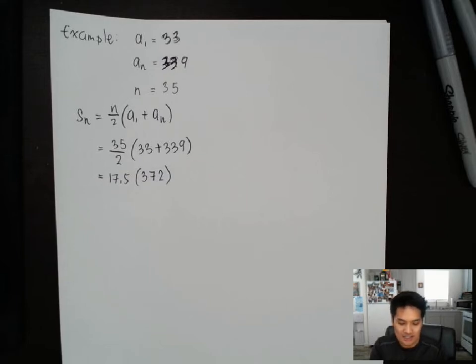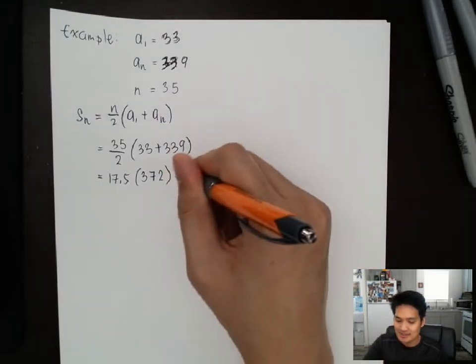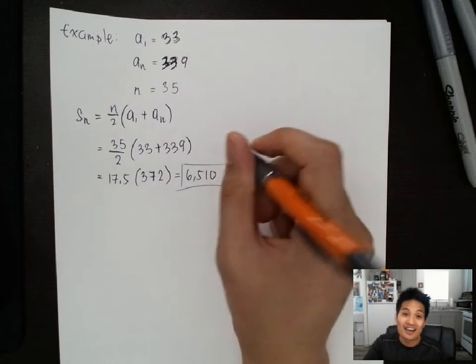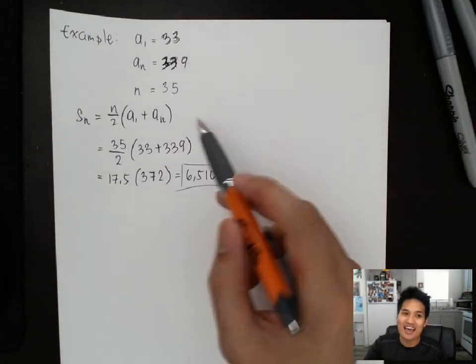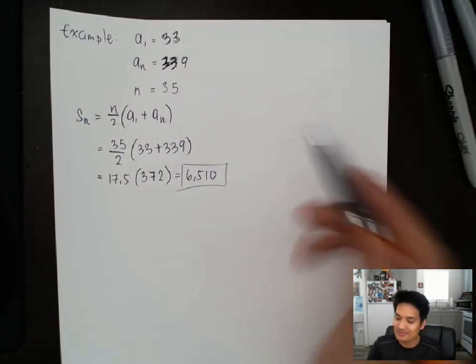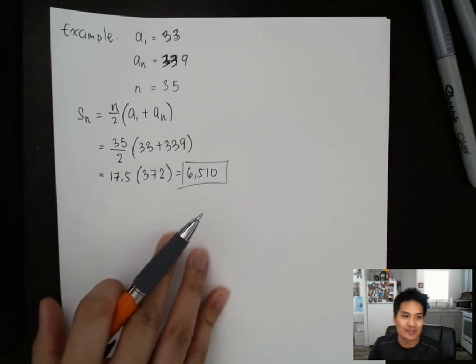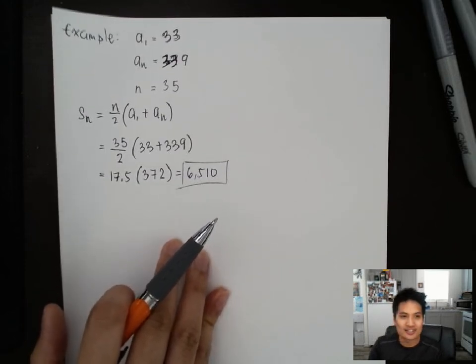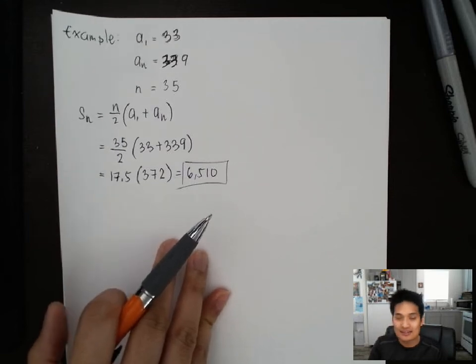We have 17.5 times 372. We end up getting 6,510. And isn't that a lot easier than us adding 35 separate numbers? That definitely is, in our case. Okay. Right. So now let's go ahead and take a look at the next problem.